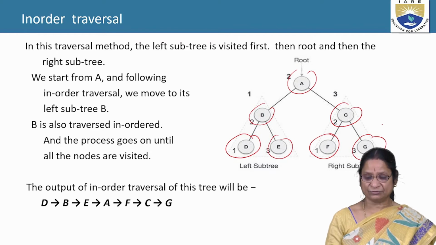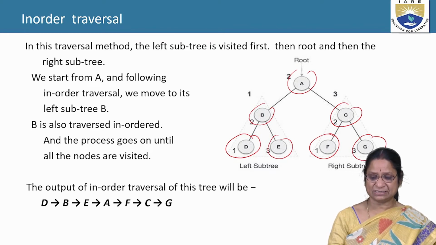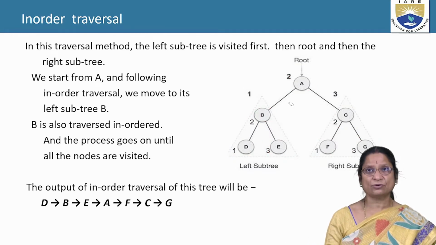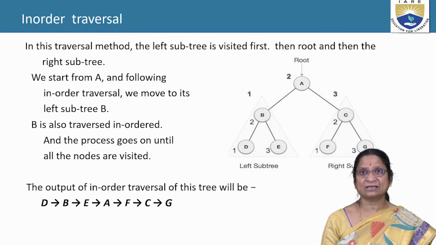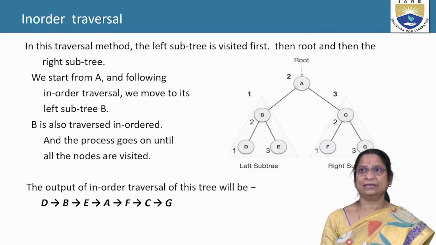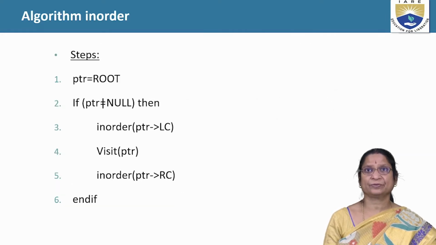So as a part of that we get D, B, E, then A. Again in this example, the right subtree also: F, C, G. So in each subtree we have to follow the in-order traversal. As in-order traversal we will get D, B, E, then A, again F, C, G.